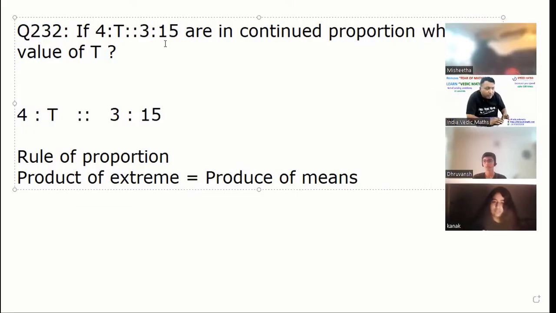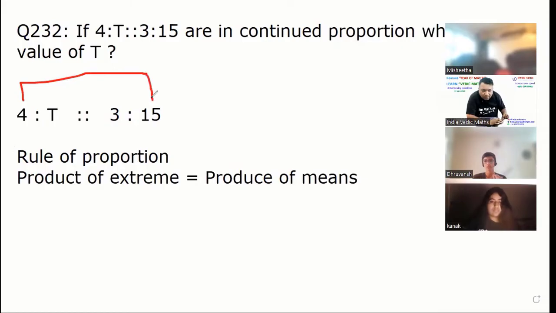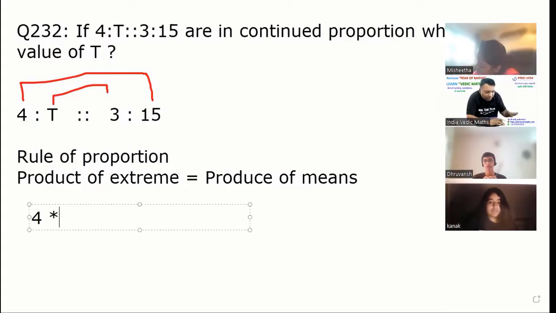Means what? The product of the corner ones should be equal to the product of means, the middle ones. So the product of extremes is 4 times 15. Agree? Corners equal to the product of means, the central ones, t times 3.